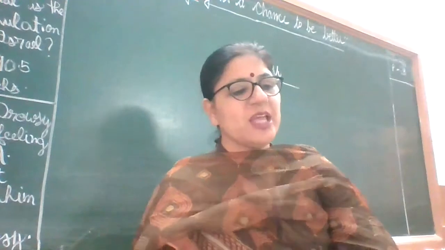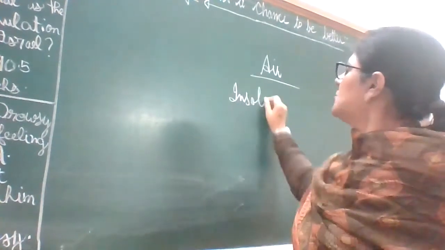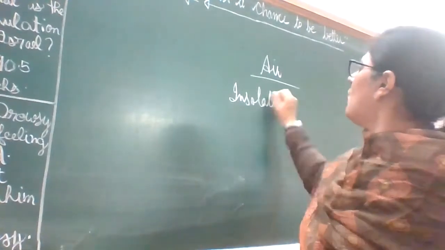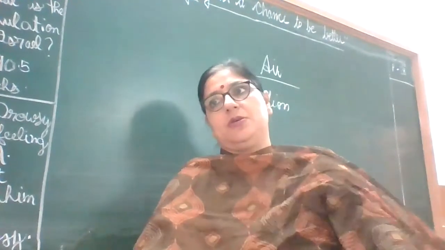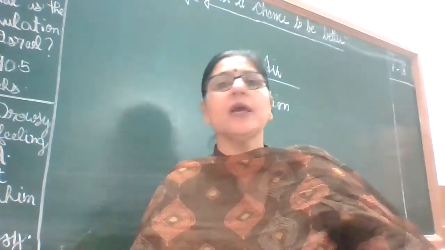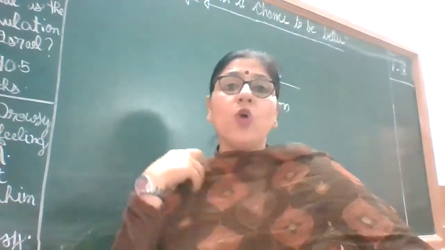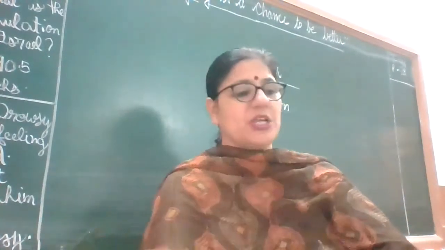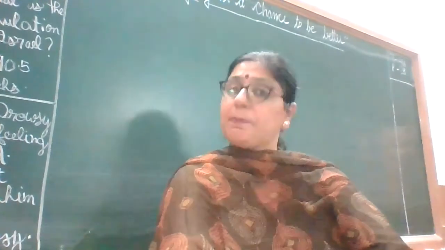The second thing we covered was insolation. Insolation is the amount of energy discharged by the sun and received by the earth. That energy is insolation. So this factor influences the distribution of temperature.